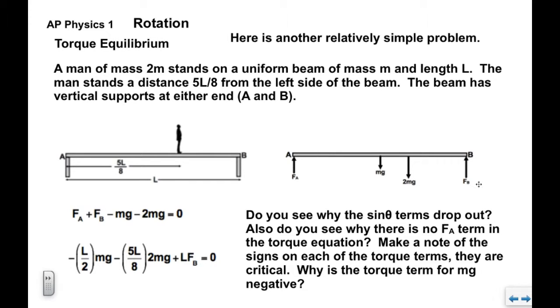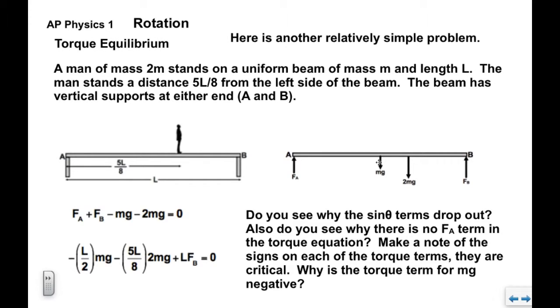If you look at each term, R times F, again, times sine of 90. L over 2 is how far away mg is from point A. mg is the force times the sine of 90. This is a negative torque because this makes the beam want to rotate in a clockwise direction.